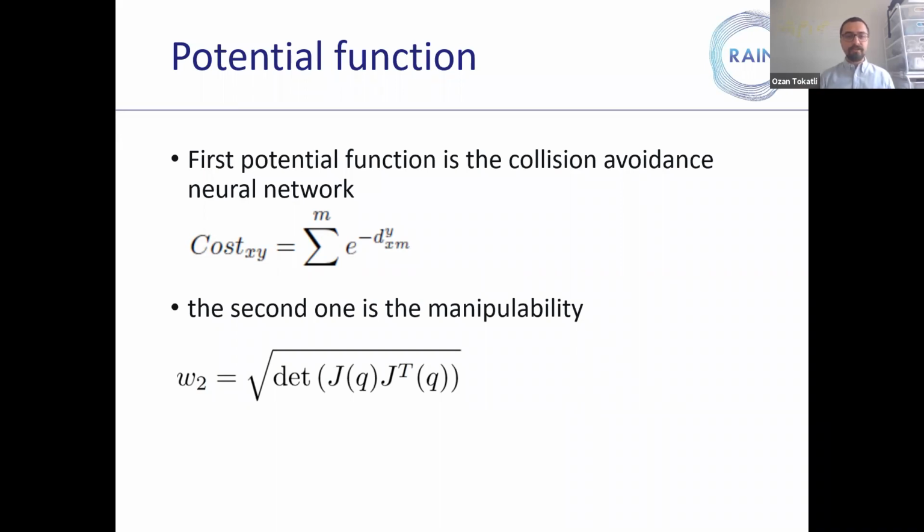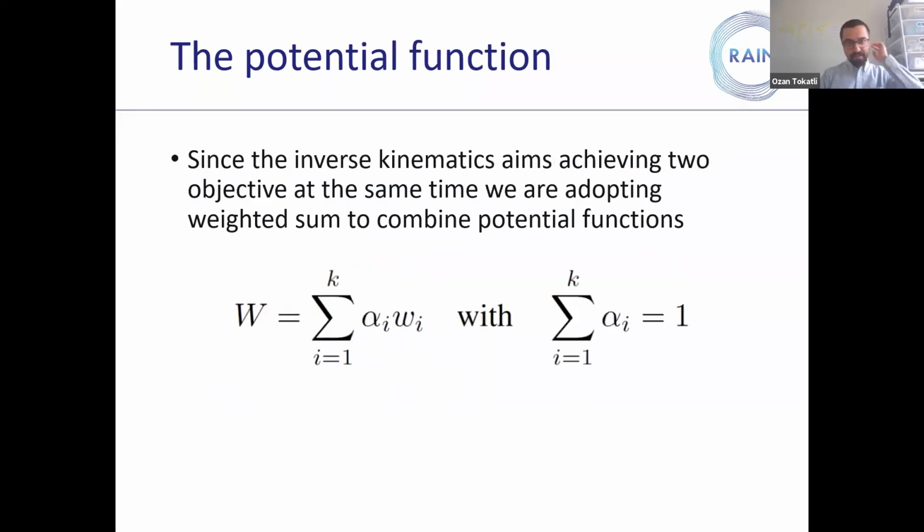We're checking the determinant of the Jacobian, and we're trying to identify where it fails, where it loses a rank. Next slide, please. So, as I said, we have two objectives here, one for collision, one for singularity. However, we want to achieve an inverse kinematic solution which can handle those two at the same time.